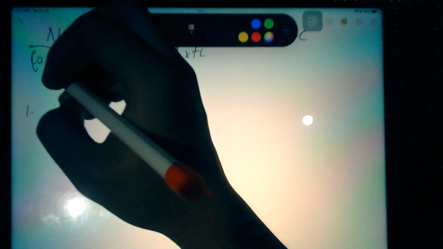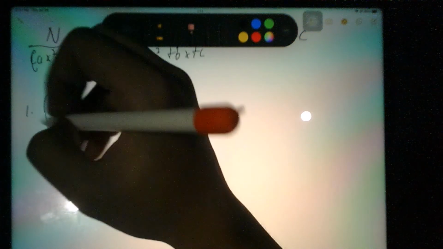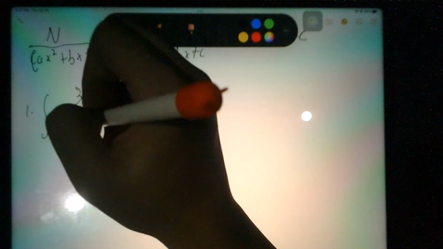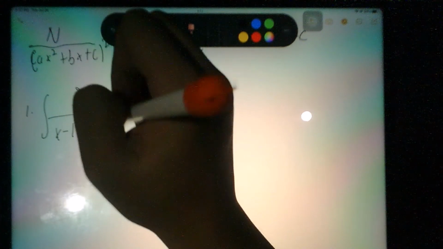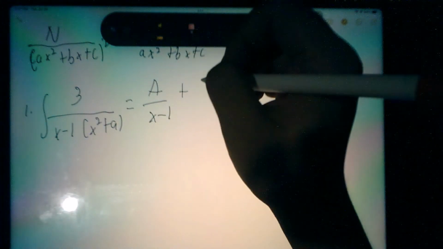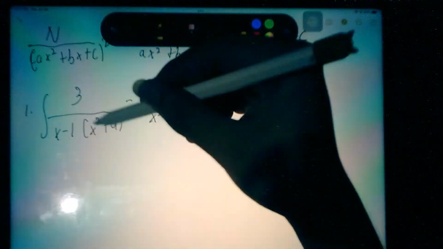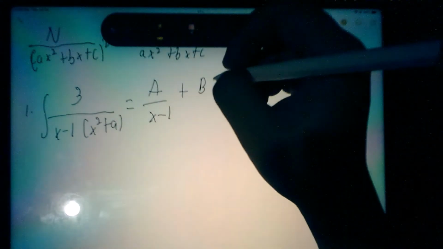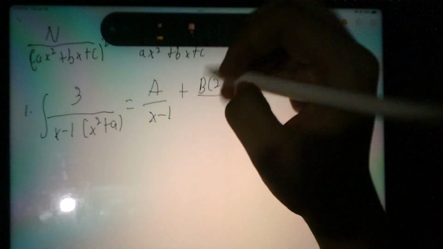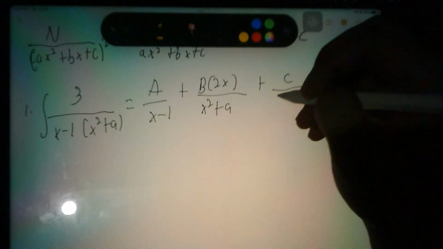So if we have here, let's say, the integral of 3 over x minus 1 times x squared plus 9, this will just become a over x minus 1 plus, the integral of this denominator is just equal to bx over x squared plus 9 plus c over x squared plus 9.